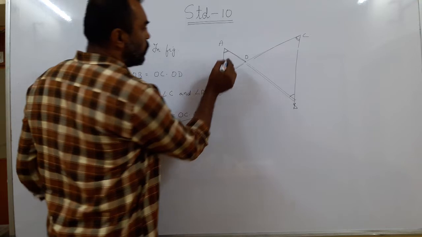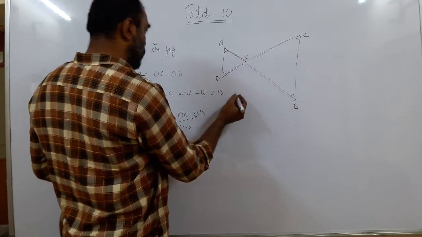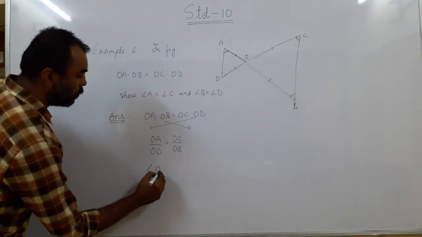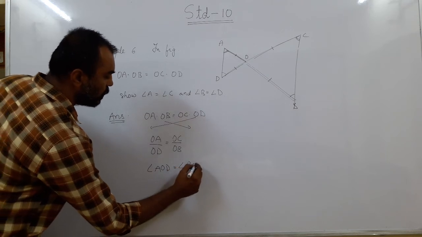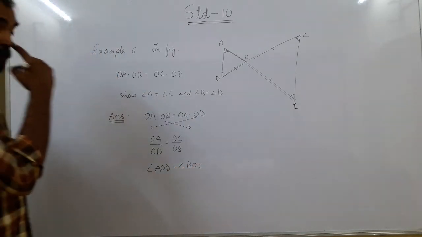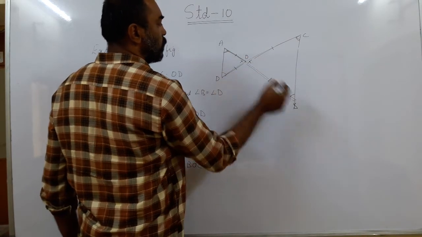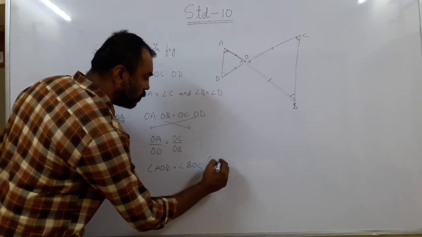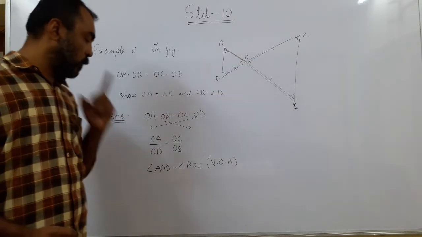Now angle AOD is equal to angle BOC. Can you tell me why? Because they are vertically opposite angles. So this angle and this angle are equal.